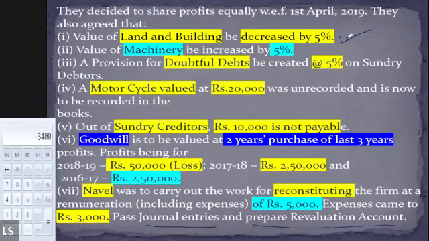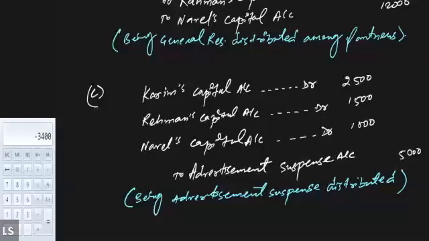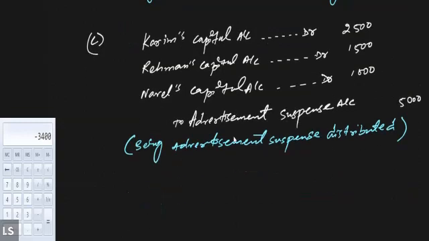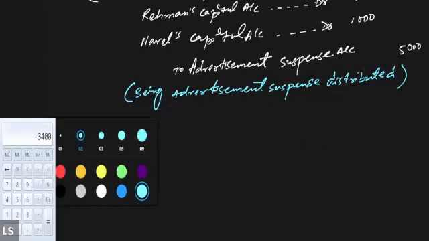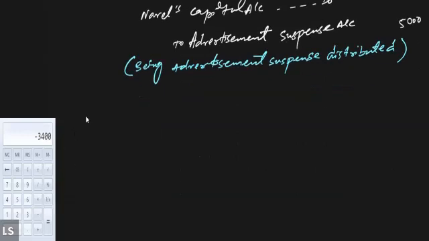So the general entry for this will be, since the revaluation account is to be debited, I'll write down the general entry.